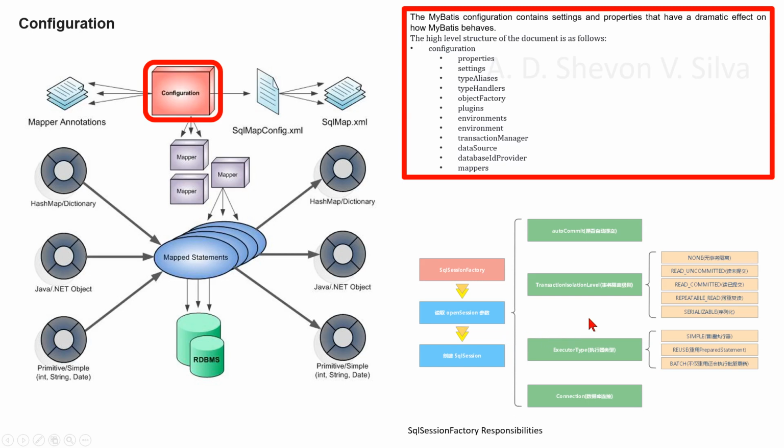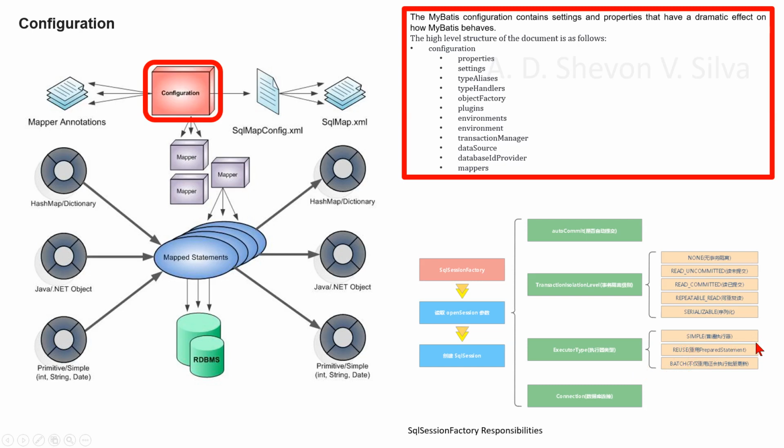Transaction isolation level represents the transaction isolation level, which corresponds to 5 transaction isolation levels. The executor type is an enumeration type that defines 3 values. Executor type dot simple. This type of executor has no special behavior.